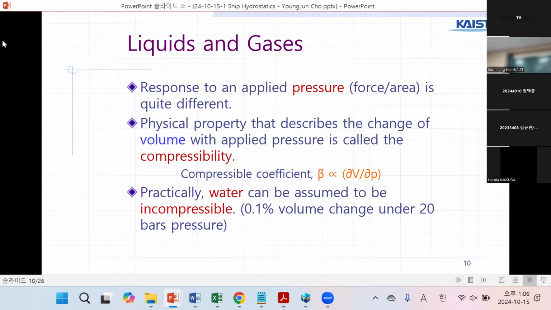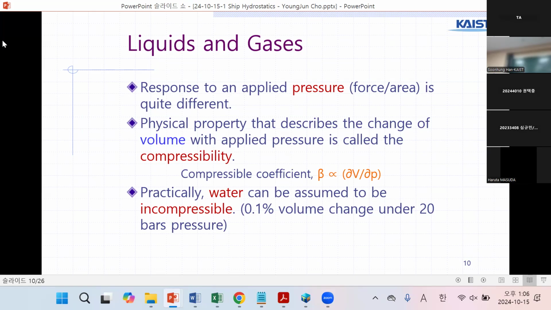So we have dealt with these three terms, and let's talk about the differences between liquids and gases according to these terms. Let's look at the change of density under the change of pressure. First, gases.